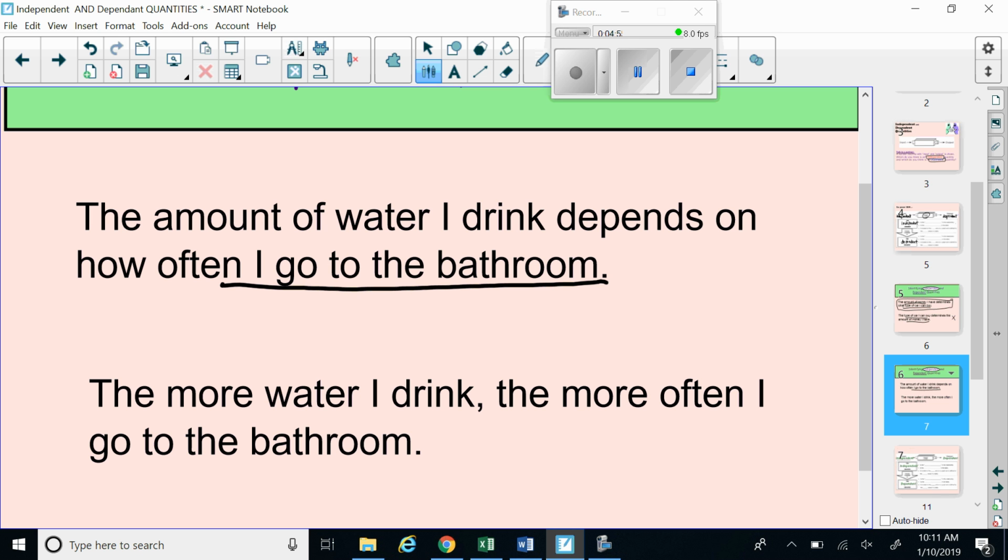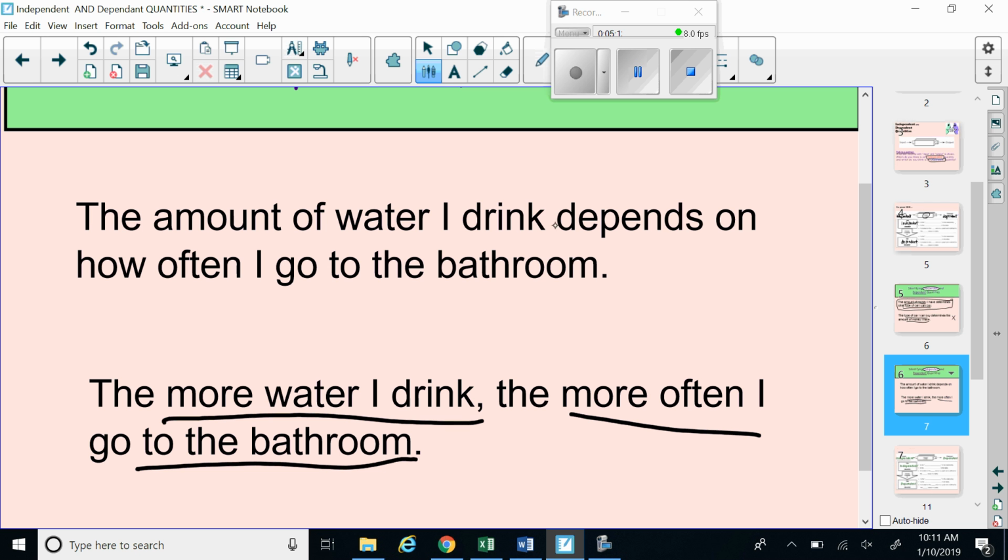When I read the first one, it's saying the amount of water I drink depends on how often I go to the bathroom. Does that make sense? Or the more water I drink, the more often I go to the bathroom? This one makes more sense.